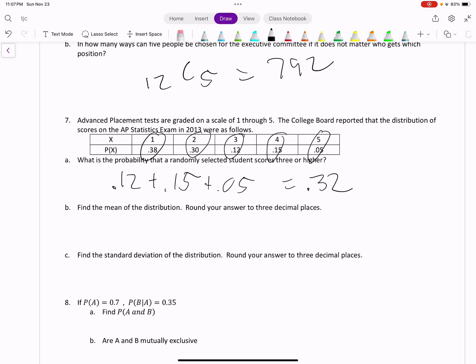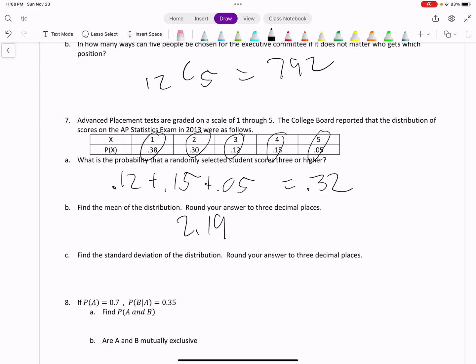Okay, so 0.38, let's see. And we get 2.19. So that is the mean.